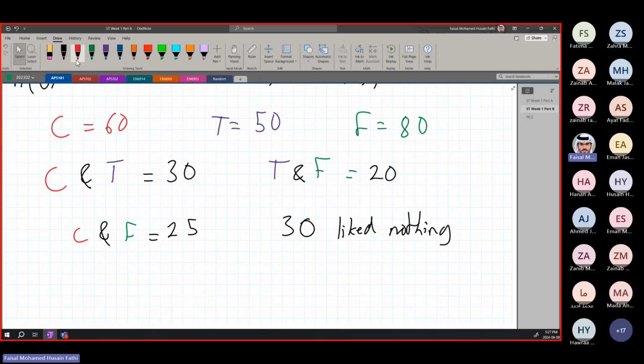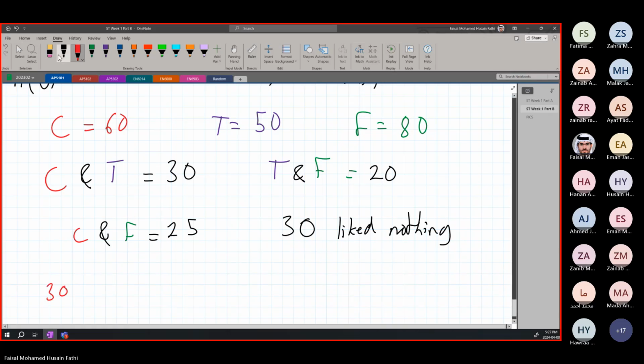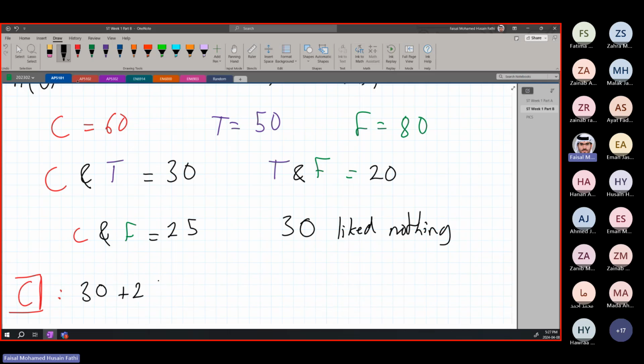Let's look at all the cricket values first. We need to find out how many students only like cricket. How can we do that? We're going to add the students that like other sports as well. So we have 30 plus 25 is equal to 55.